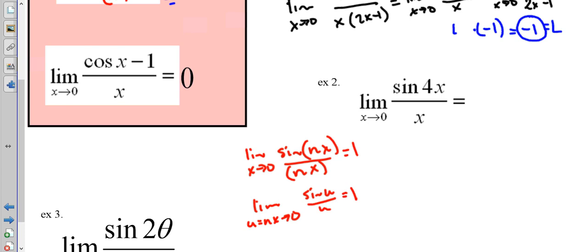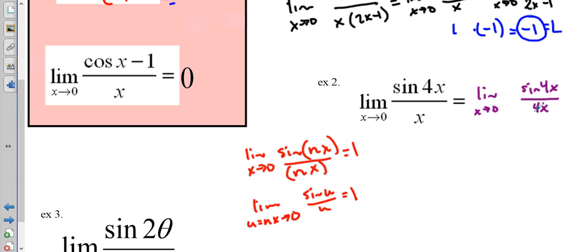So we're going to use a little algebra, a little math magic. If x approaches 0, and we had sine of 4x, and I had a 4x down here, I know that limit, according to this little proof, is going to equal 1. But we don't have a 4 down here. Can we make a 4 down there? Yes, we can.